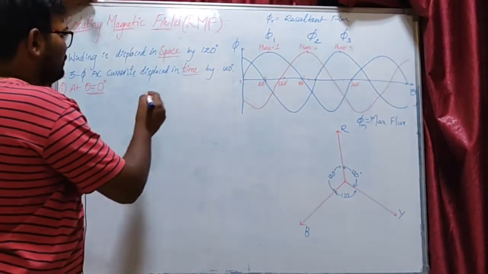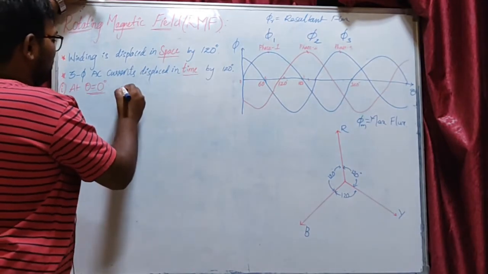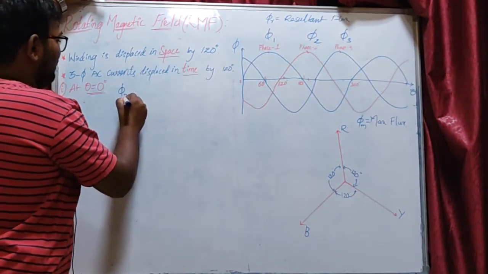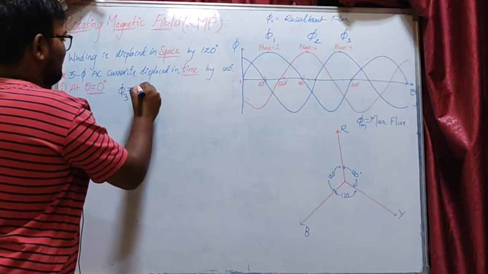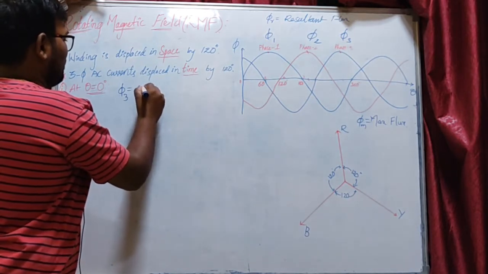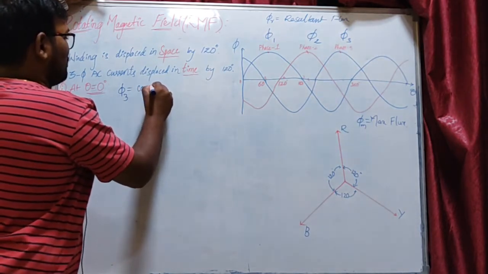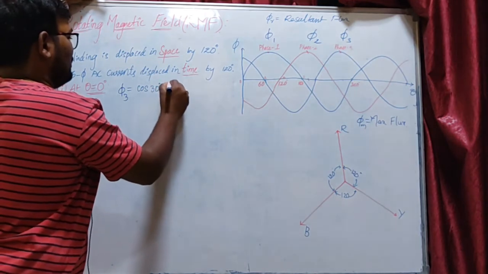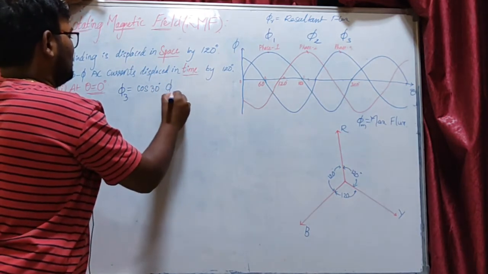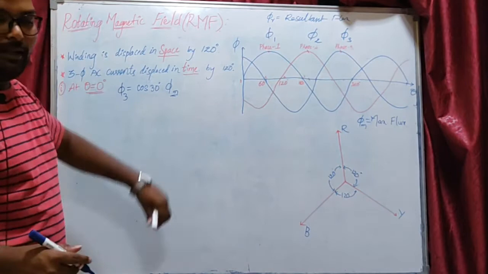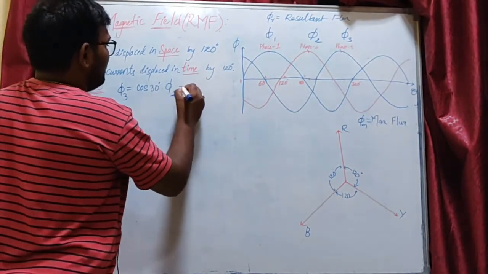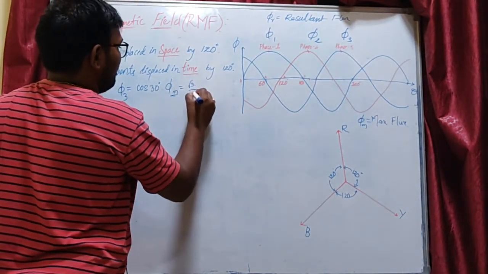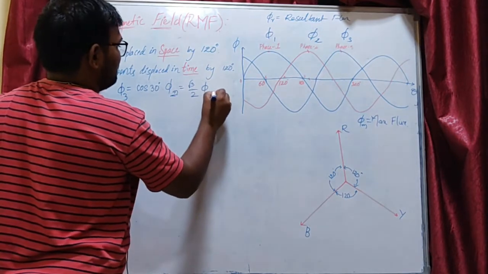That is a positive value. Phi 3 will be cos 30 degrees into phi maximum. This is the instantaneous value, right? Or I can say it is root 3 by 2 phi maximum.